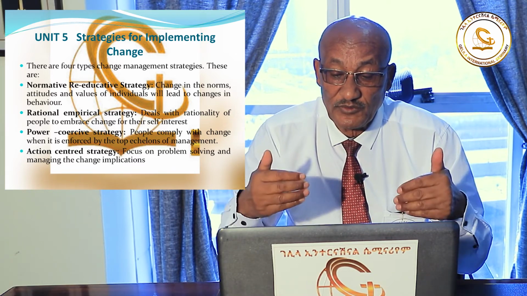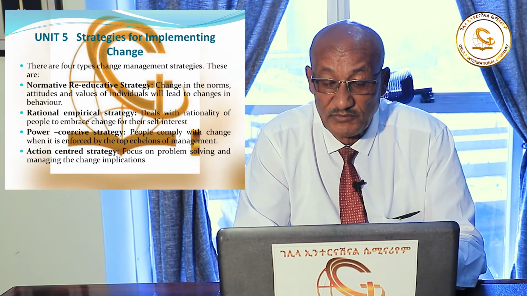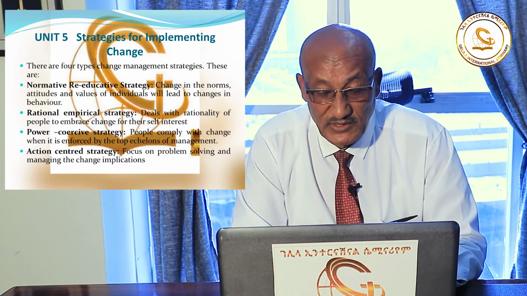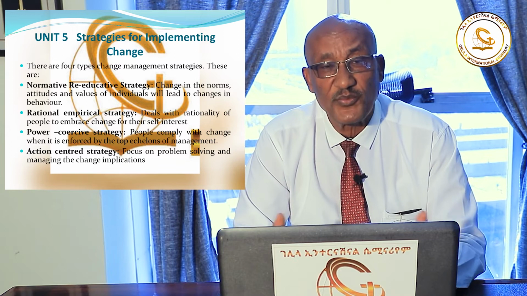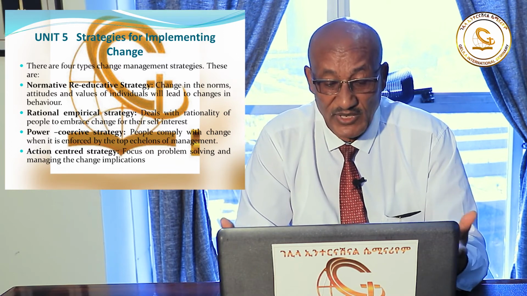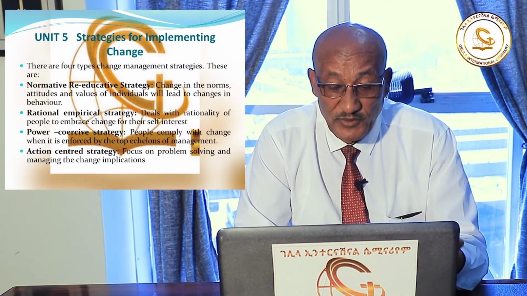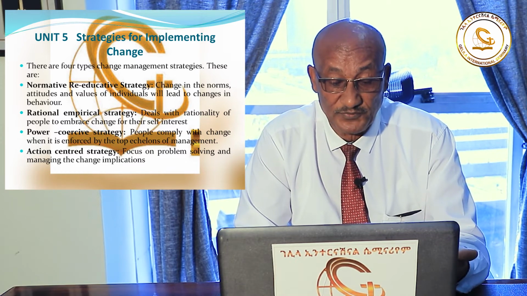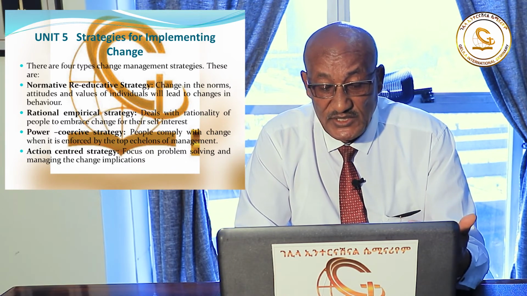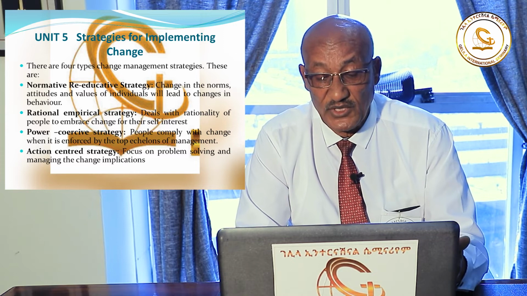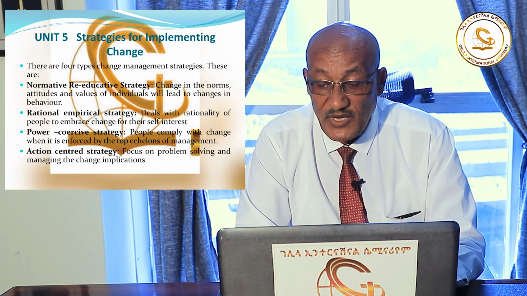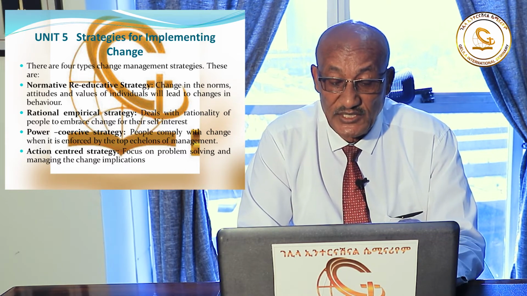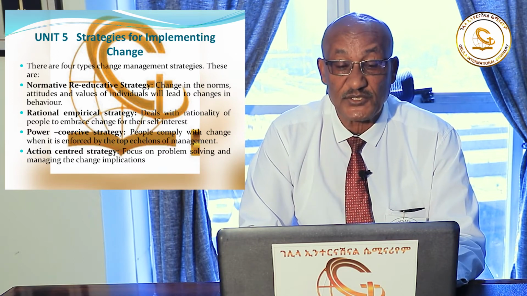When change is introduced by force by the top management, then people may oppose, may complain about that change. The other point is the action-centered strategy. This focuses on problem solving and managing the change implications.